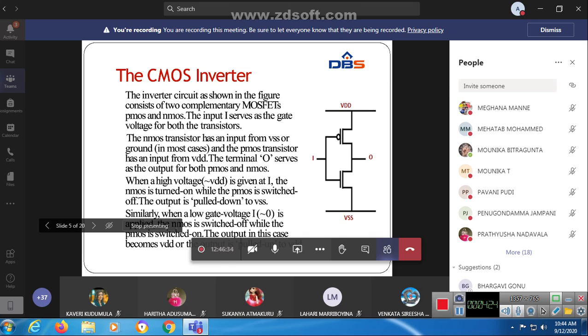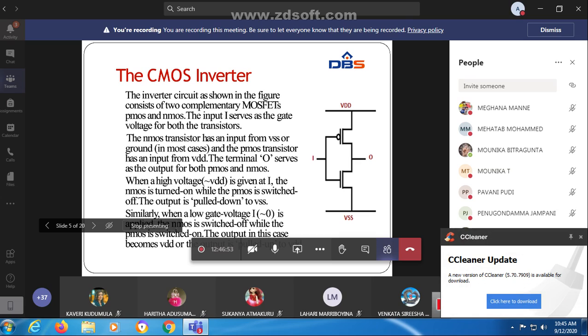The NMOS transistor takes its input from VSS or ground in most cases, and the PMOS transistor takes its input from VDD. The terminal O, that is the output, serves as the output for both PMOS and NMOS.